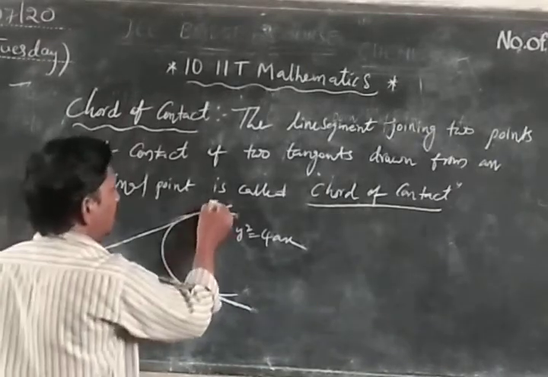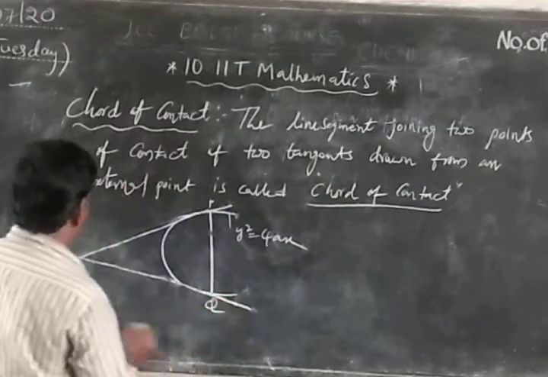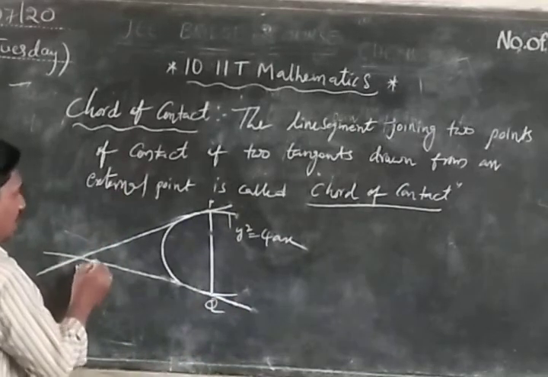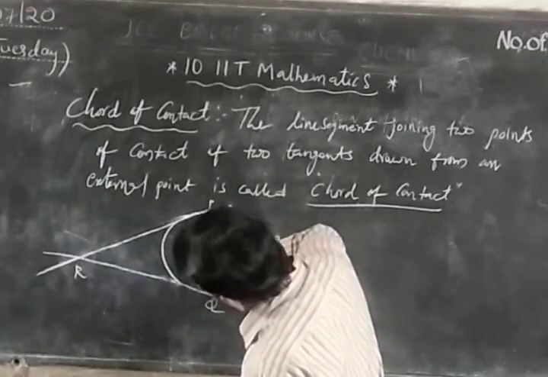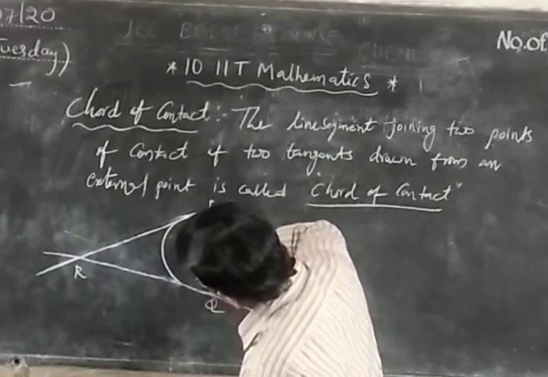This is P, Q and R. This is chord of contact.